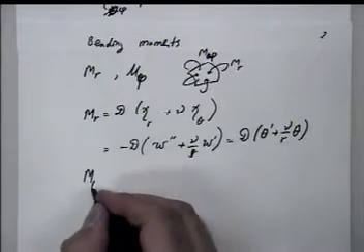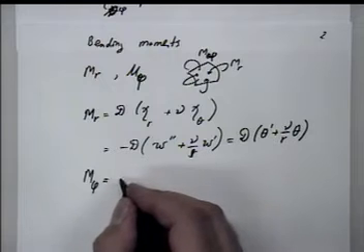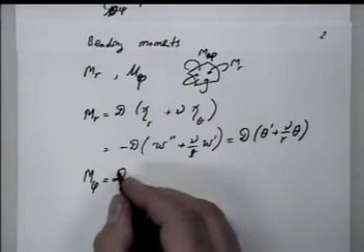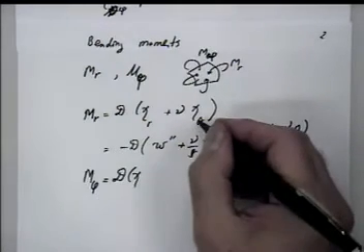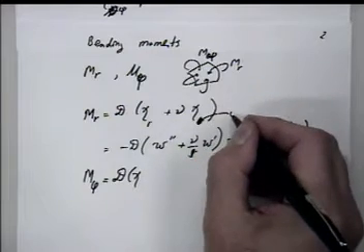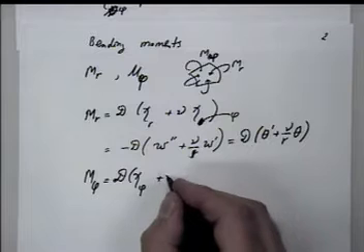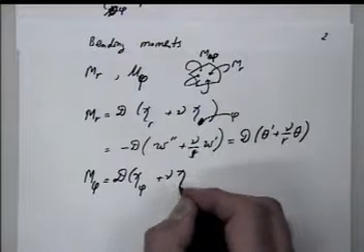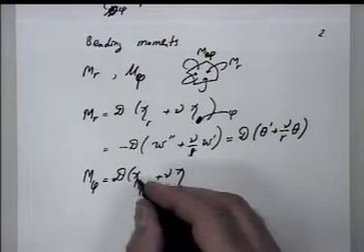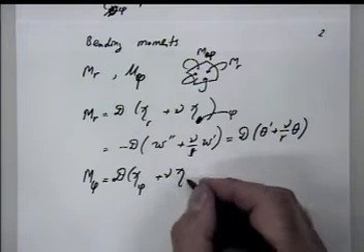And then m phi equals D kappa, please take notice that it is phi, kappa phi plus nu chi r.